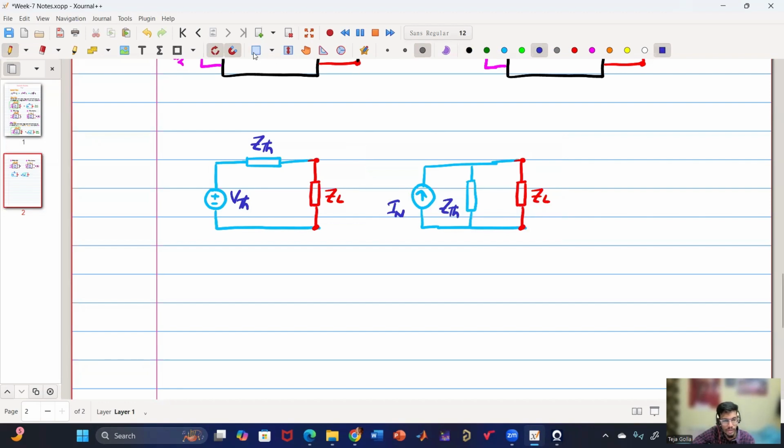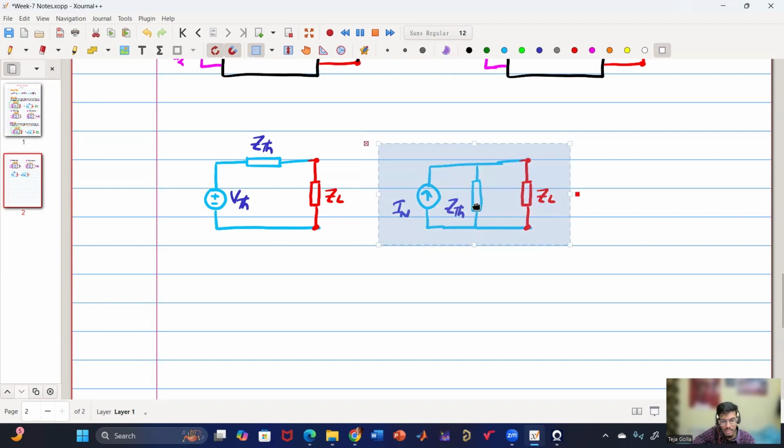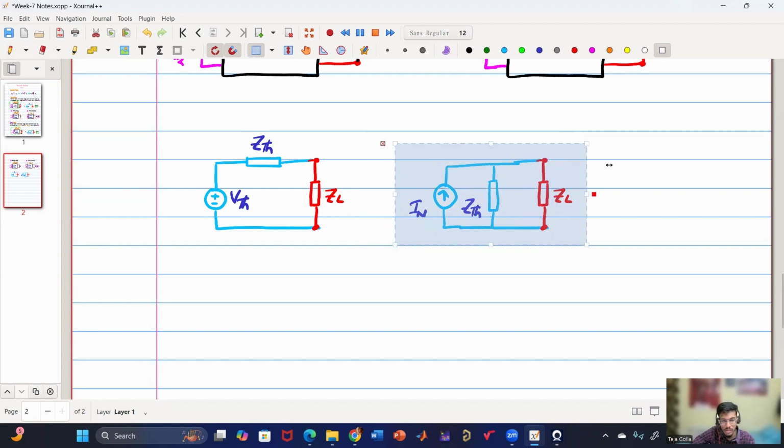Yes. So now there is a relationship between I Norton and this ZTH, so the left hand side, which is VTH by ZTH. So Norton current, you can calculate from either way. So I Norton is nothing but V Thevenin by Z Thevenin.